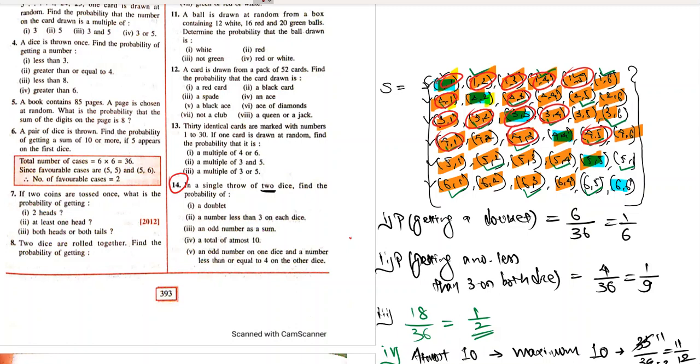Then 5 comma 1, one number odd and the other less than or equal to 4. 5 comma 2 is okay, 5 comma 3 is okay, 5 comma 4 is okay. 6 comma 1, one number odd and the other no. 6 comma 1 is not okay, because 1 is an odd number, but the other number, which is 6, is greater than 4.